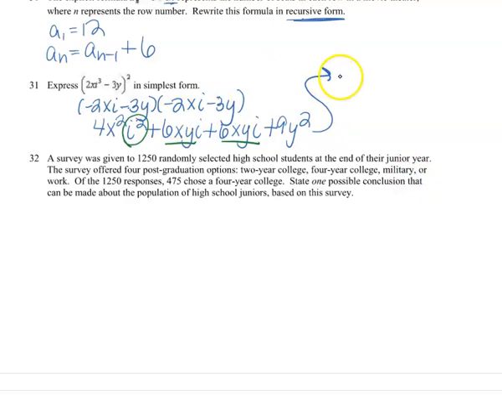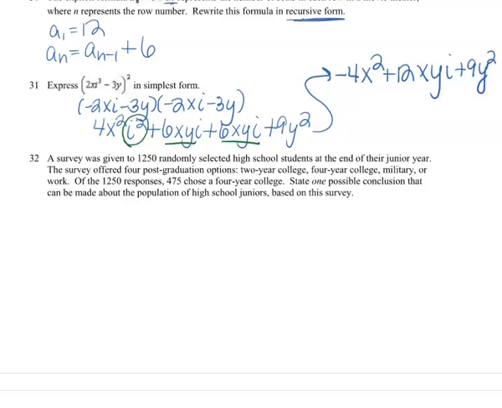So therefore, this is -4x squared plus 12xyi plus 9y squared. And that's my correct answer.